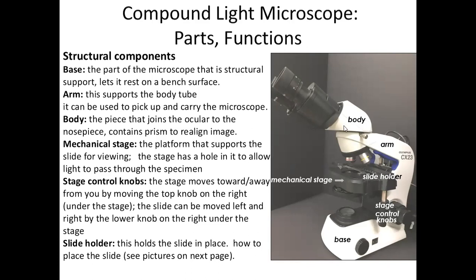Body would be this area at the top where it's attached to the ocular lenses, okay? And then your mechanical stage, and it's called mechanical because those stage control knobs that I pointed out earlier can move this thing back and forth, side to side, okay? And the slide holder is this little clip on the top.